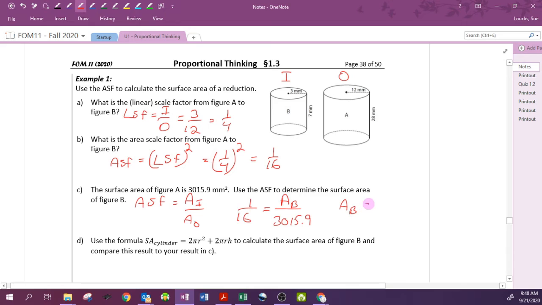So the area of B is going to be 1 times 3015.9 divided by 16. And my calculator tells me that equals 188.49 millimeters squared.